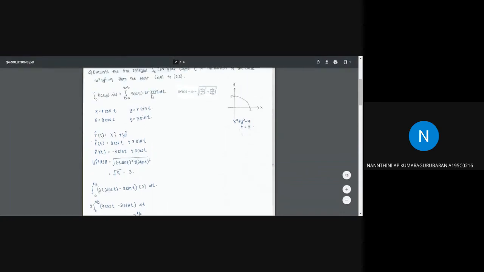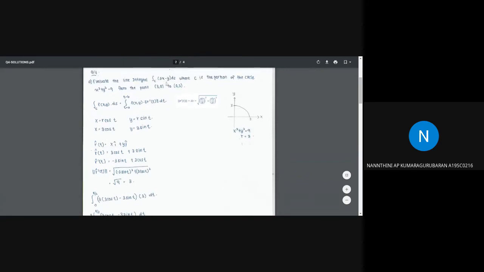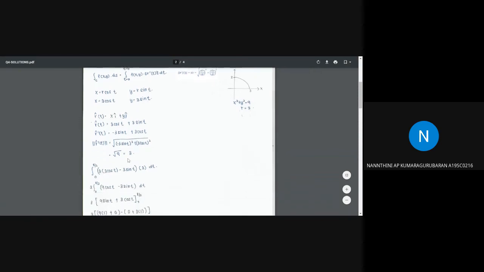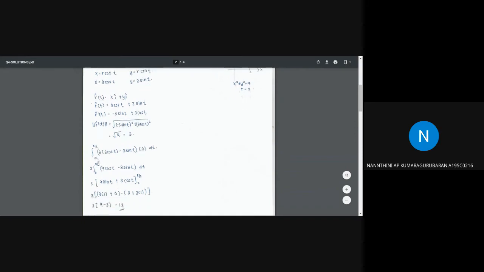And then substitute the 3 into here. And the f(x, y) is actually this one. Since we already changed x and y into polar, we substitute x and y in polar form, which is 3 times (3 cos t minus 3 sin t) times 3 dt with the limit of 0 to pi over 2.